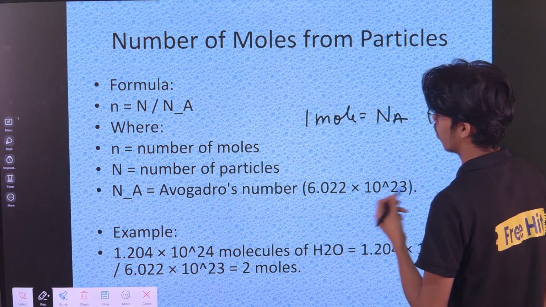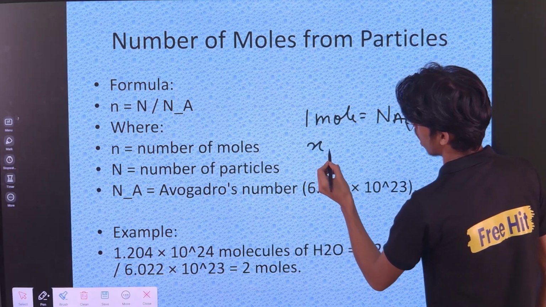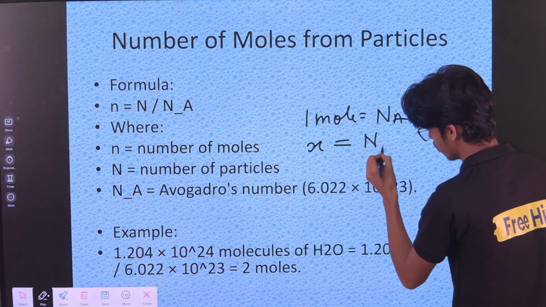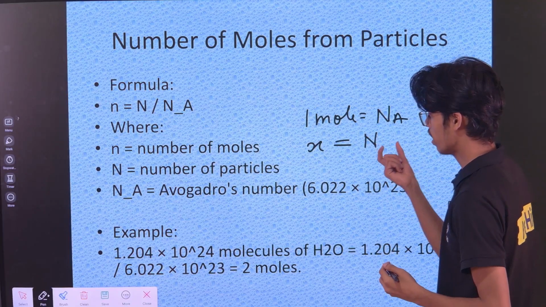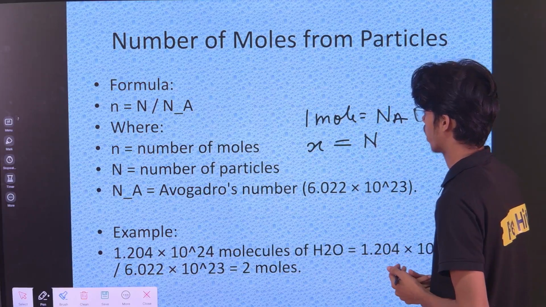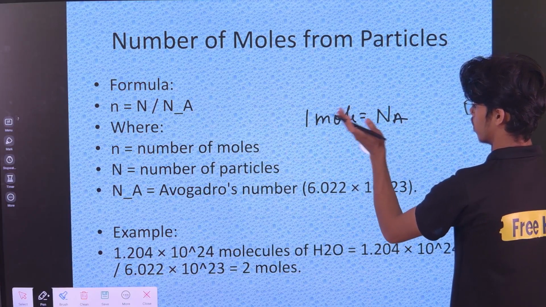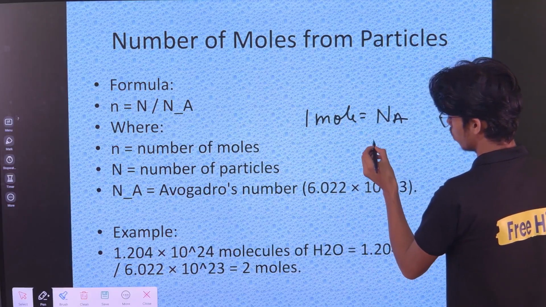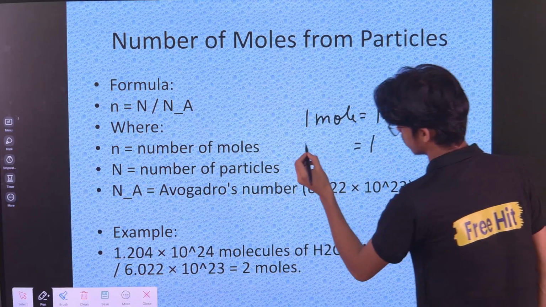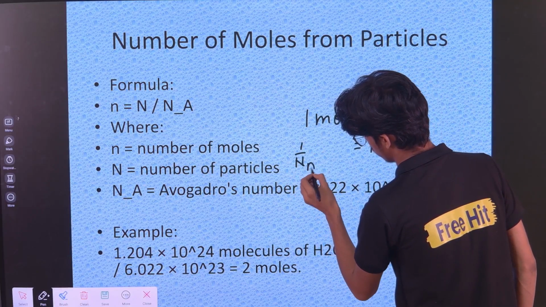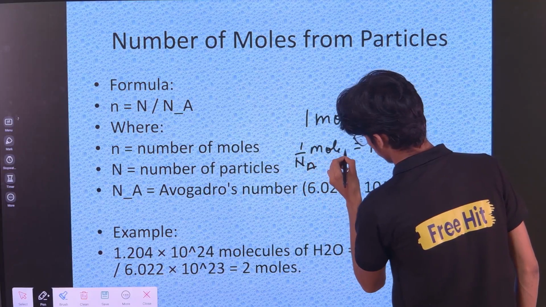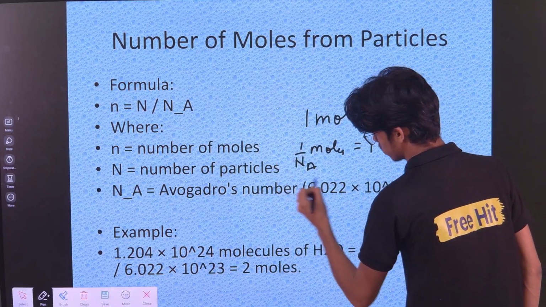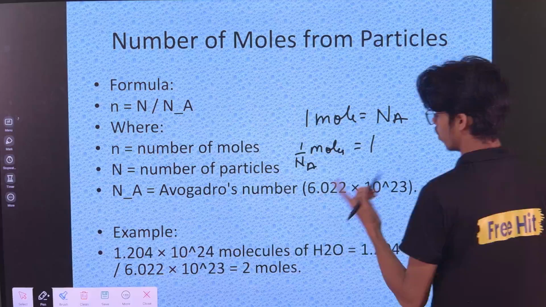Now, suppose x moles are there in random n number of particles. N number of particles comprise 1 mole, so 1 particle comprises this much number of moles. 1 particle of any substance contains this much amount of moles.